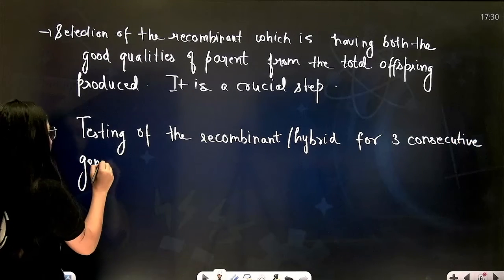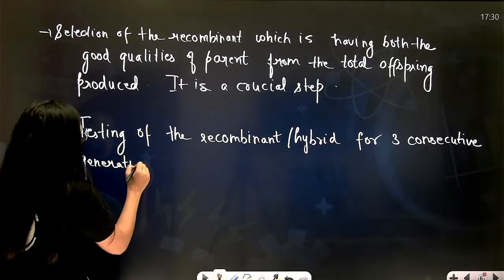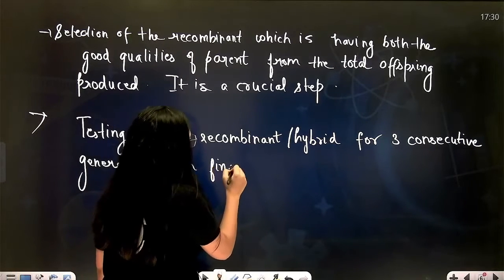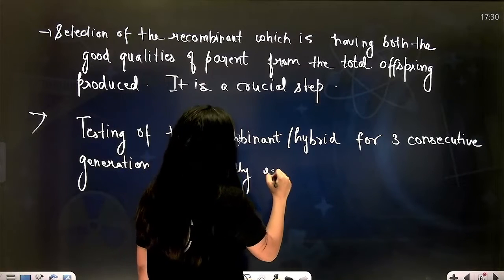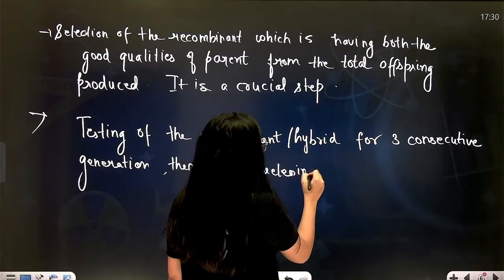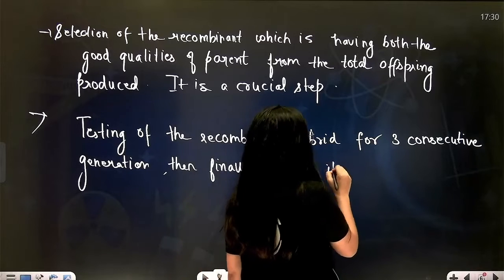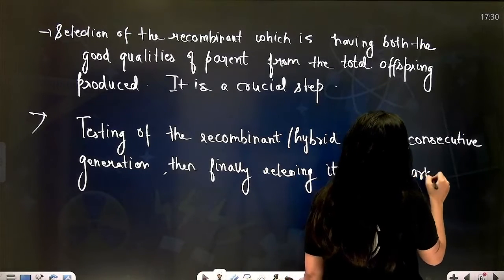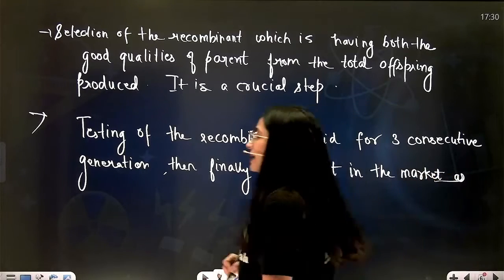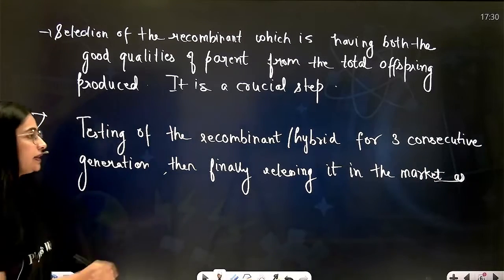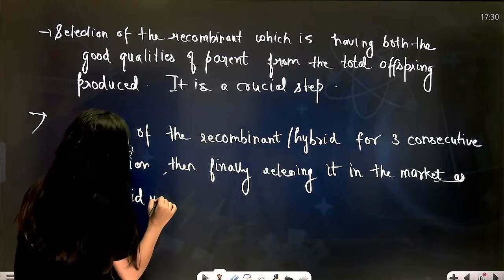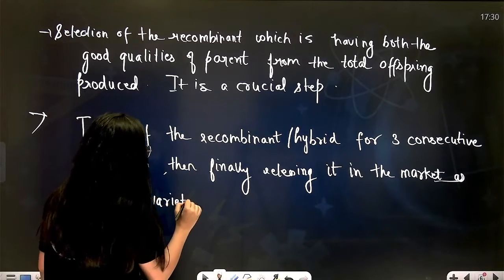If everything remains good, and then finally releasing them in the market as hybrid variety. As hybrid variety, having both the good qualities of the parent.